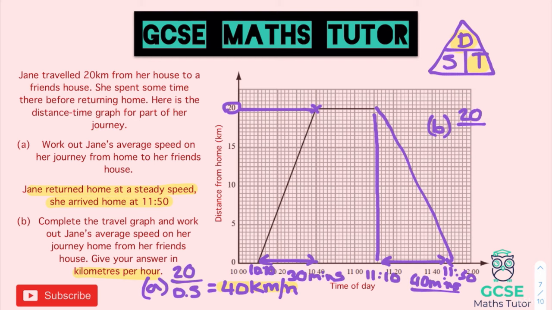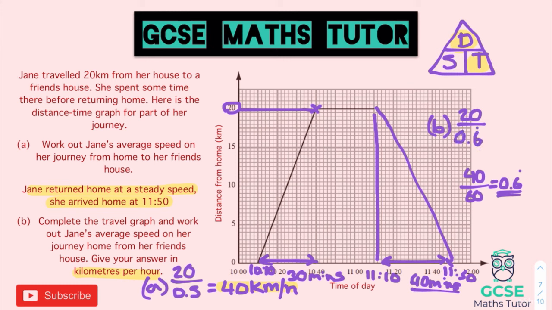So to work that out, we could do 40 divided by 60, which comes out as 0.6 recurring on the calculator. So not very nice because now we have a recurring decimal. But that's fine because we just need to do 20 divided by that number. Again, there are other ways to approach this, but that's nice and easy for us to do in a calculator. We just have to do 20 and click divided by and use the answer button.